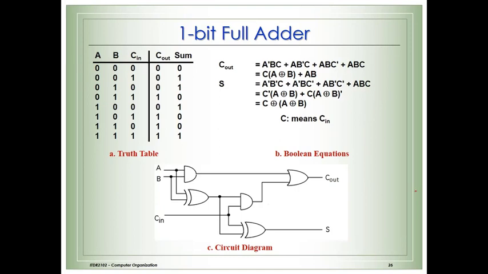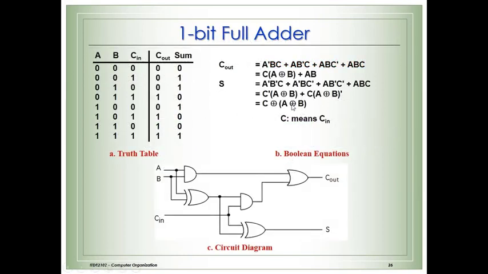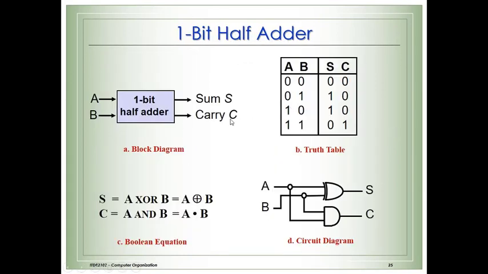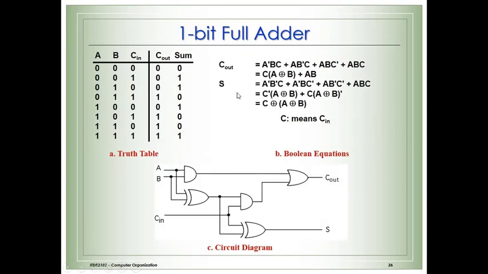Now the full adder, 1 bit full adder. Whatever carry we got, the carry that we say has overflown, we will pass that carry to the next half adder. So for the full adder, what do we have?